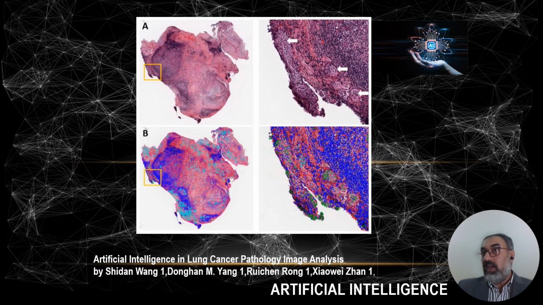In this study, you could notice that artificial intelligence could detect lung cancer through pathology image analysis, and this is research shared by researchers. In certain cases it could even detect it 6 months earlier, or in certain cases even more than that, and we could start treatment far ahead.